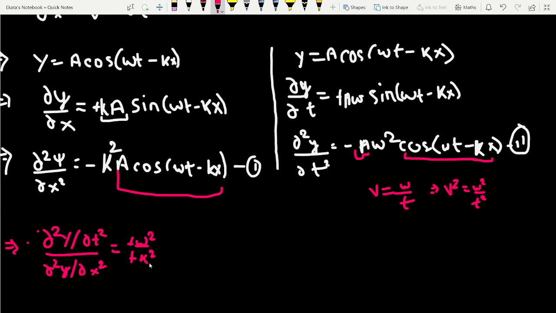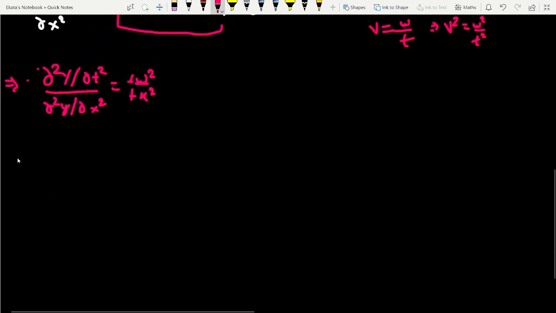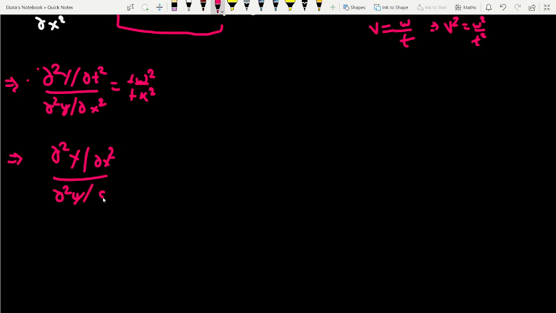Now we can do some more simplification. Shifting this del 2y here, we get del 2y divided by del 2y, sorry, here it is t not x.